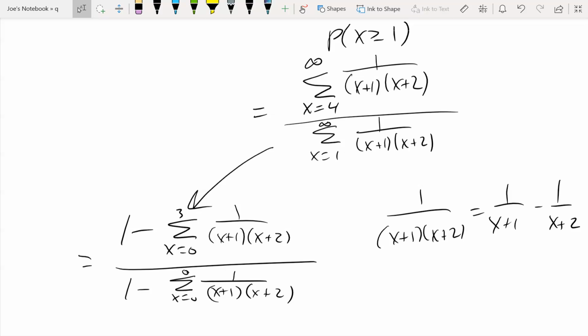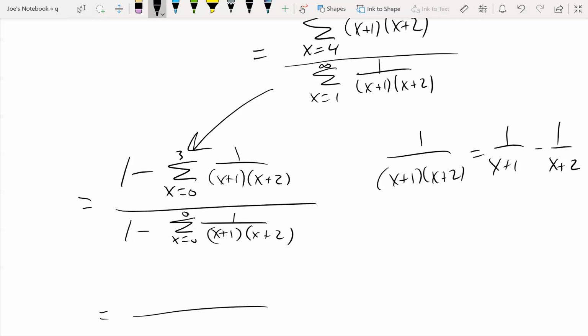So notice that instead of having to worry about partial fraction decomposition and then taking a limit, I can just use the complement and do finite sums and then just plug them in, right? Because this bottom one literally is just plug in 0, isn't it? So I get a half on bottom, 1 over 1 times 2.